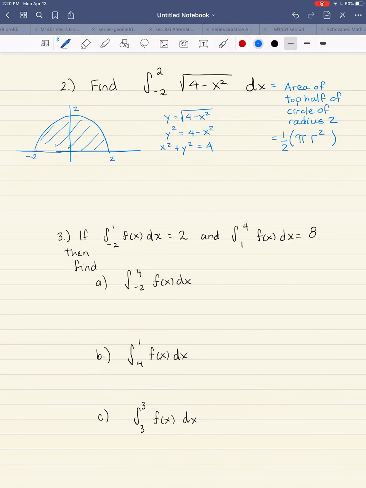And since it's just half of it, we multiply it by half. And now I said the radius was 2. So inside the parentheses I get 4 pi. Half of 4 pi is 2 pi. So the value of this definite integral is 2 pi because it gives us the area of the top half of a circle.